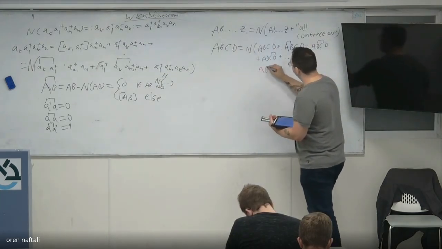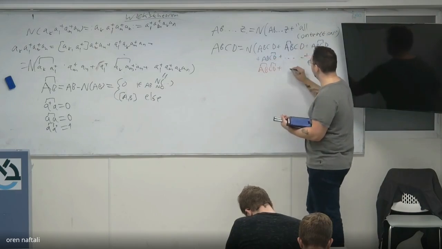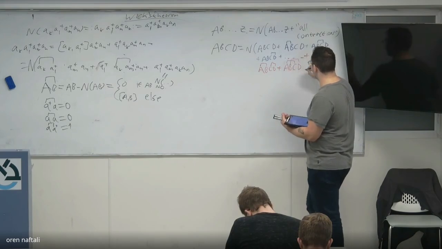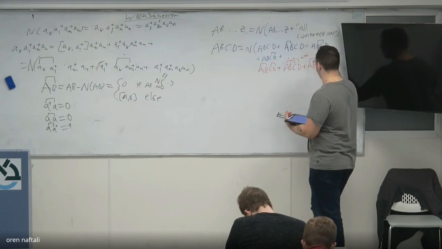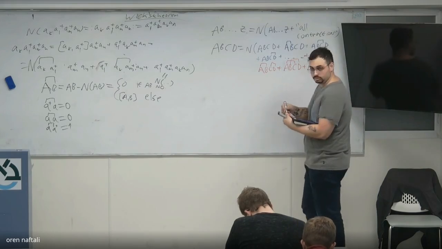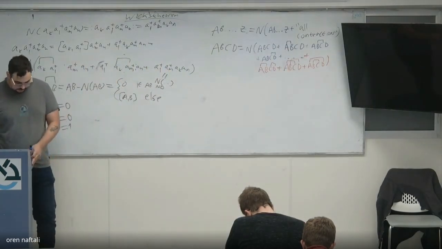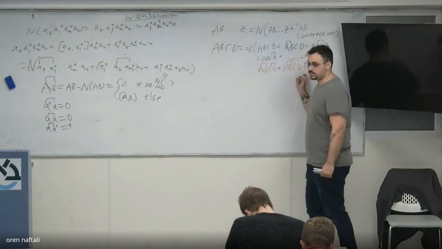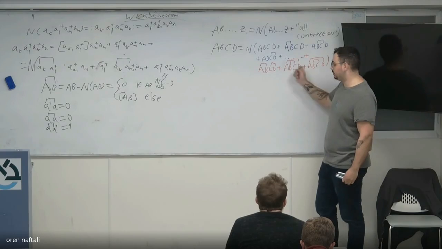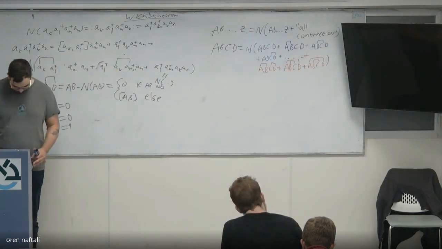So for example, A, B, C, D, where A contracted with B and C contracted with D, plus A with C and B with D, plus A with D and B with C. The reason I color coded them is basically for the last line, the red one. This is what we call the fully contracted terms, where there are no leftover operators.